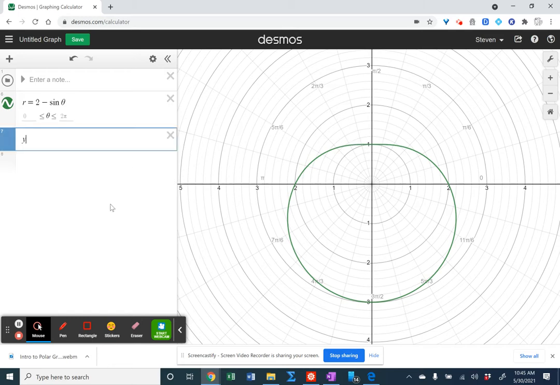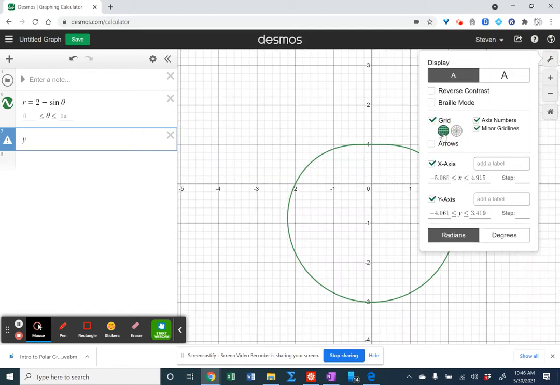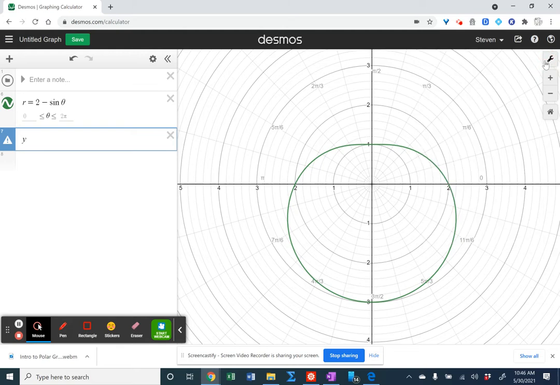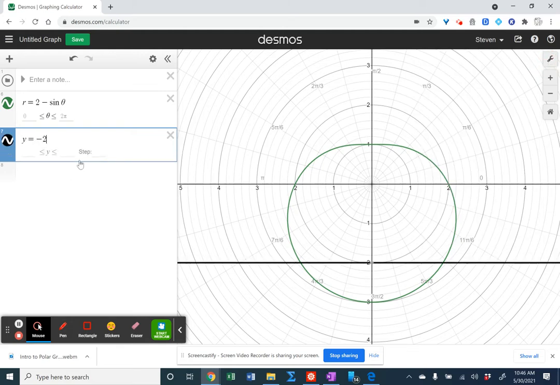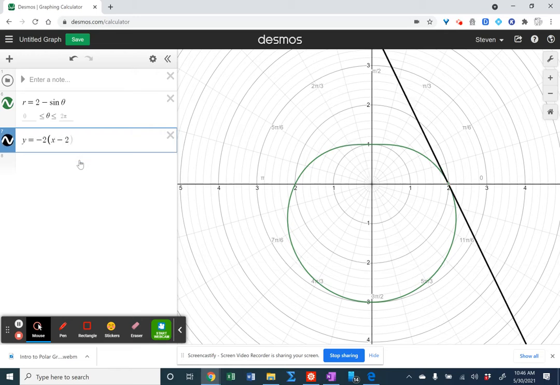Now, in Desmos, if you click on the wrench over here, you can switch between different views, the rectangular view or the polar view. I'm in the polar view here, obviously. So we said y is equal to negative 2 times the quantity x minus 2. And look at that, tangent to the curve right there, just as we wanted.